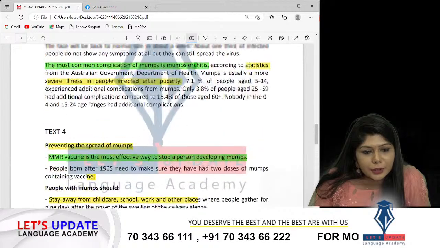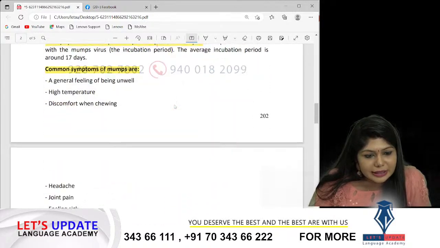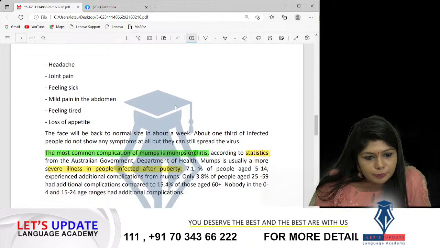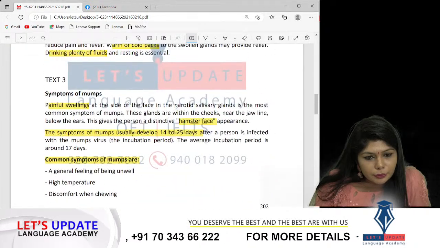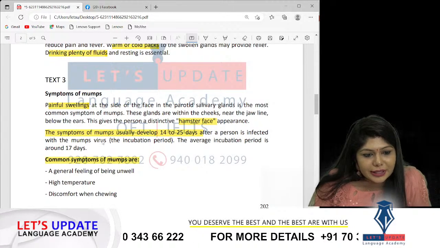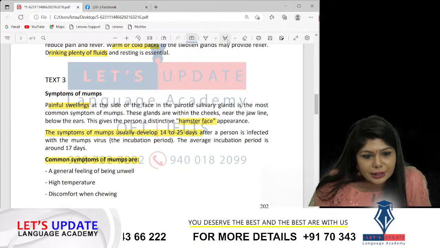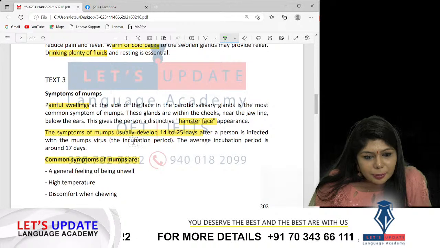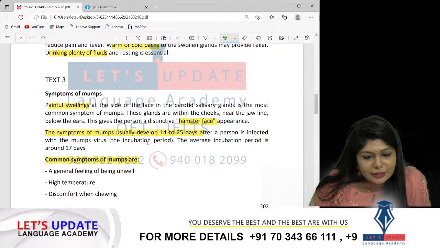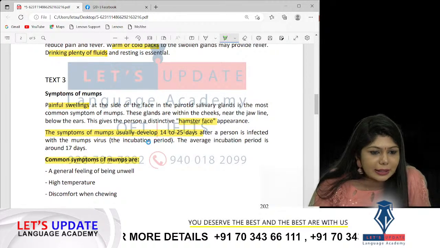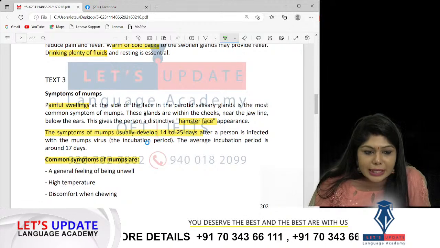Incubation period was something that we discussed. Yes, in text 3 you have this information here. Can you see this information here in brackets, in the second paragraph in text 3 or text C?